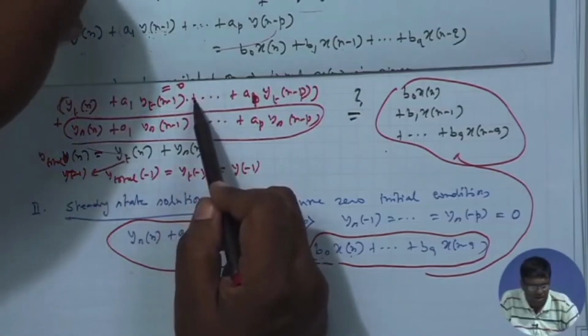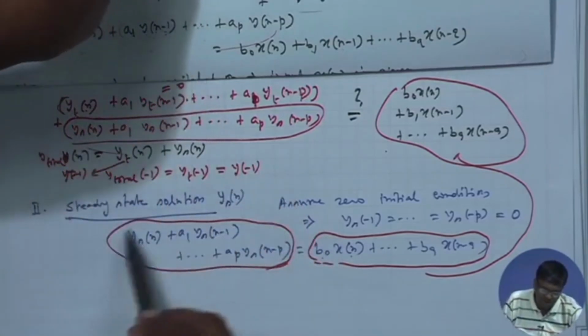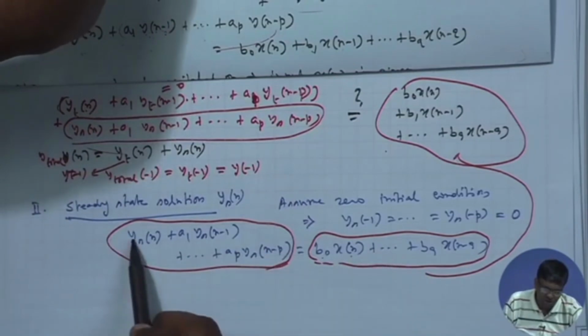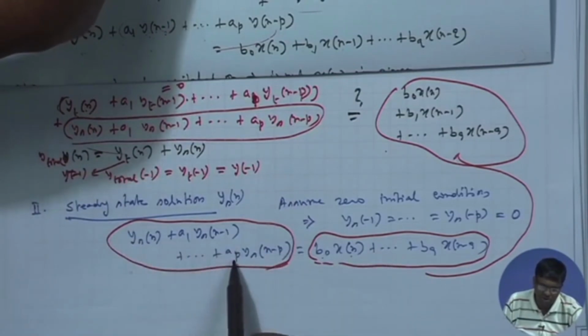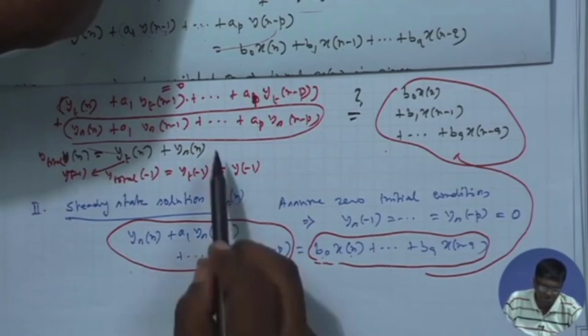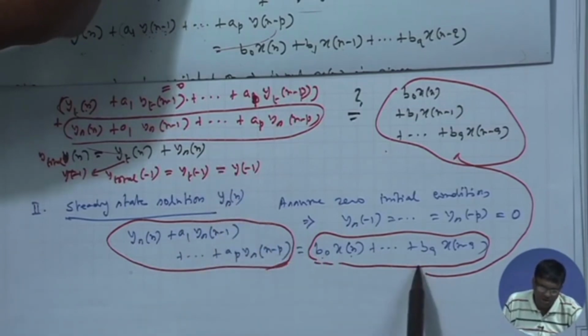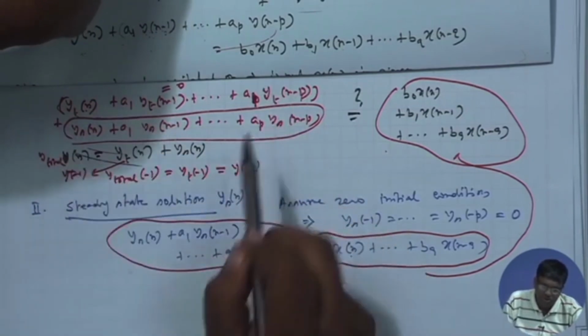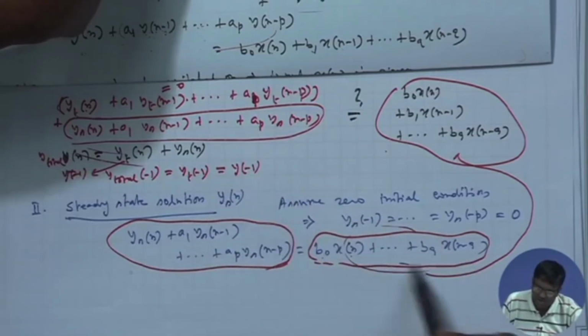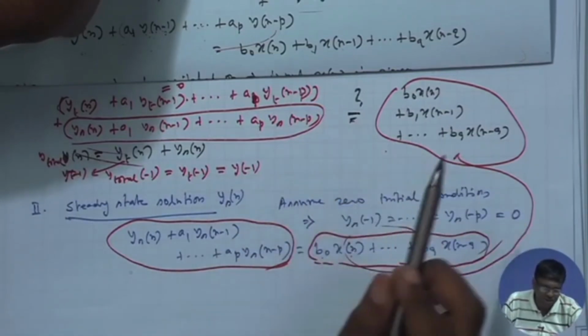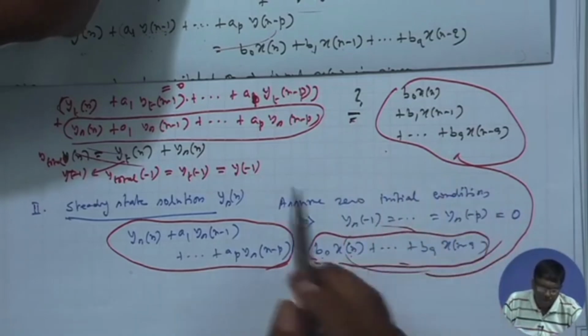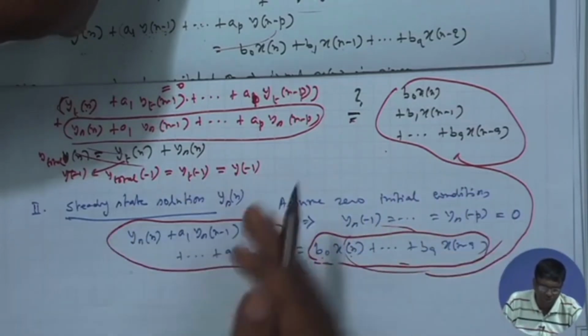So this does not add anything, and y s n was obtained by solving the difference equation y s n plus a 1 y s n minus 1 plus a p y s n minus p equal to the right hand side. So the left hand side altogether is this right hand side, and the equality is satisfied, and the initial conditions are satisfied, as I told you. I am repeating actually.